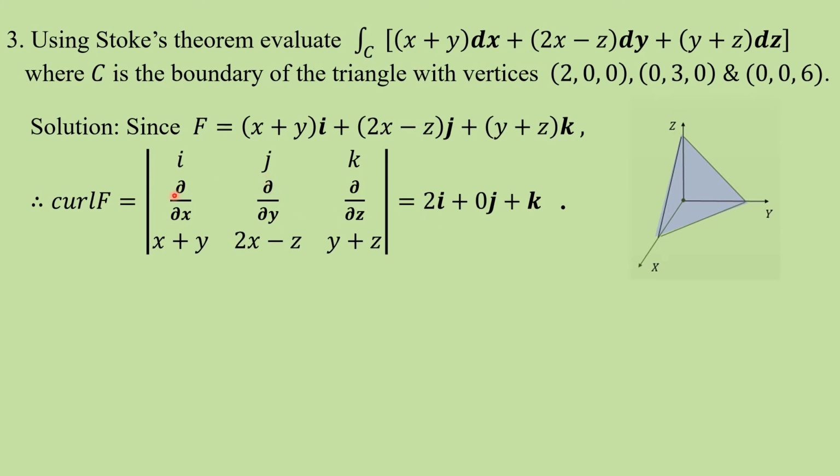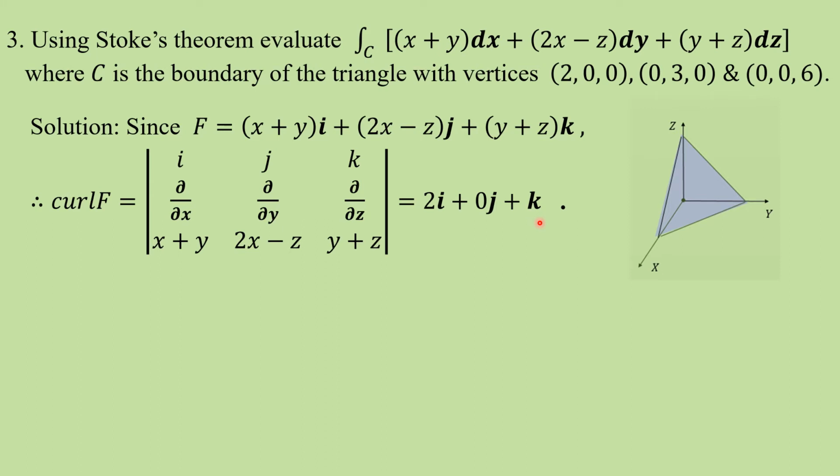Minus j times (dou by dou x of y + z is 0, minus dou by dou z of x + y is also 0), so it is 0j. Plus k times (dou by dou x of 2x - z, that is 2, minus dou by dou y of x + y, that is 1), so 2 minus 1 is 1k. So curl F is 2i + 0j + k.